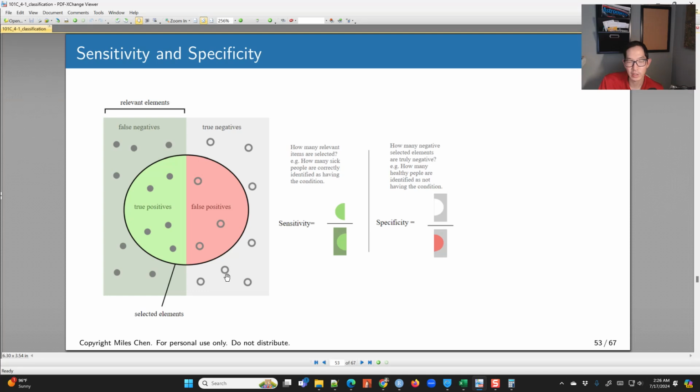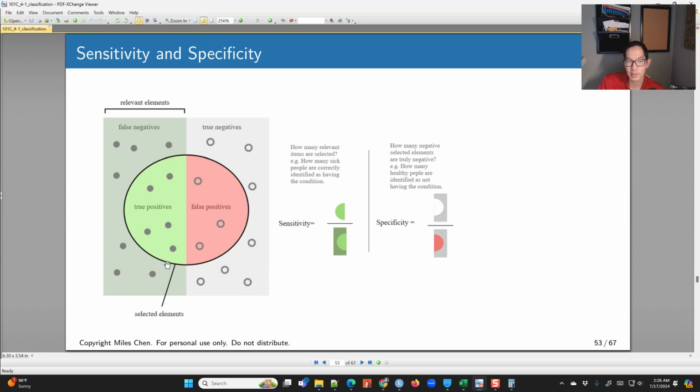Basically, for everybody who did not default, everybody who paid on time, did you misidentify some of them as going to default? Those are the false positives, and specificity is how frequently you avoided false positives.